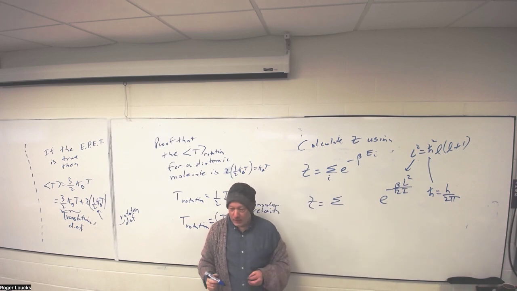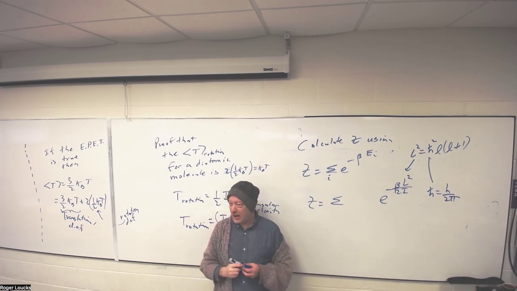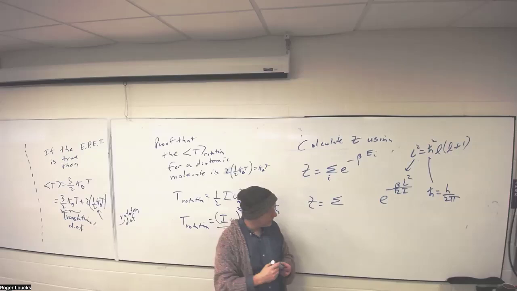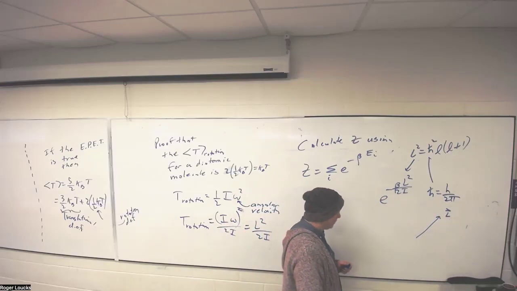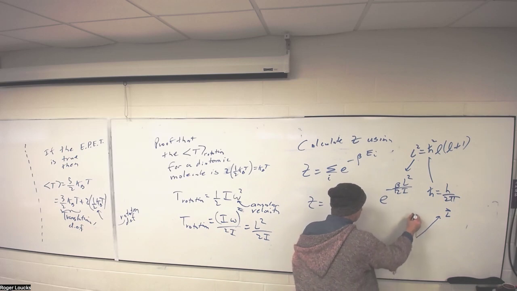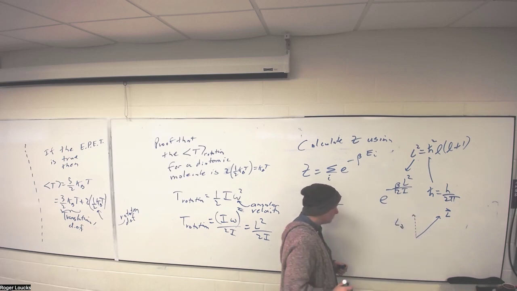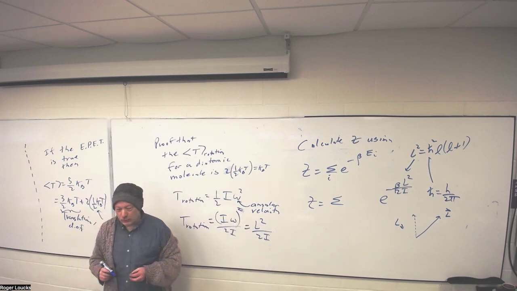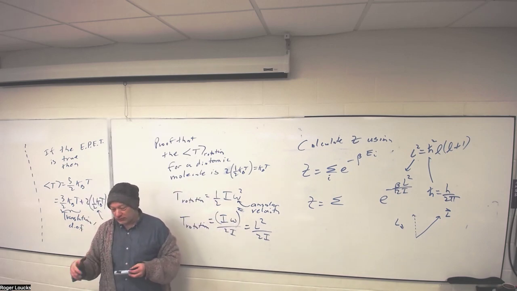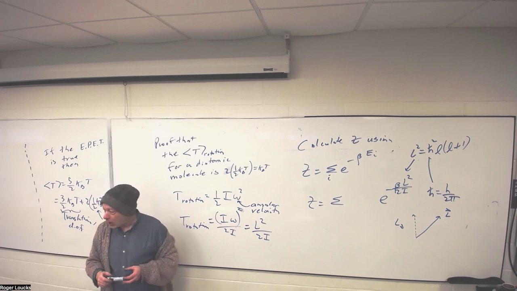But guess what? For a fixed L, we could actually look at the Z component of your angular momentum. Quantum mechanically, what does the Z component of the angular momentum end up being?